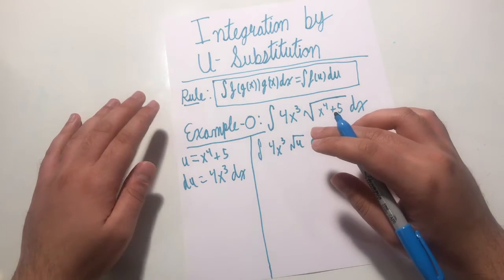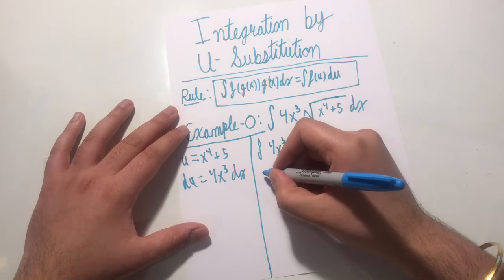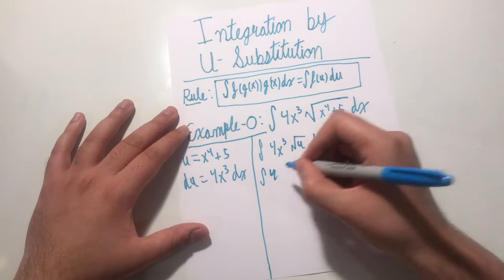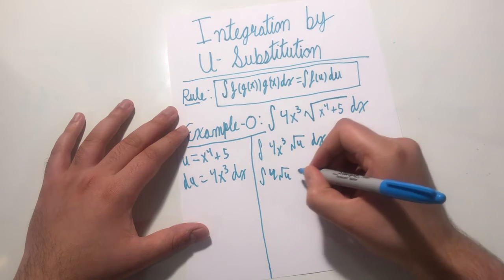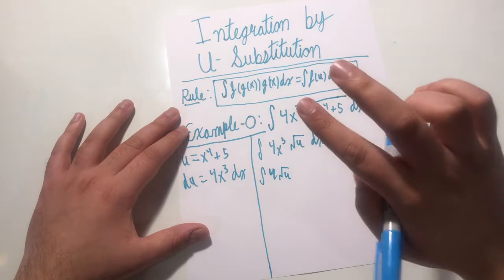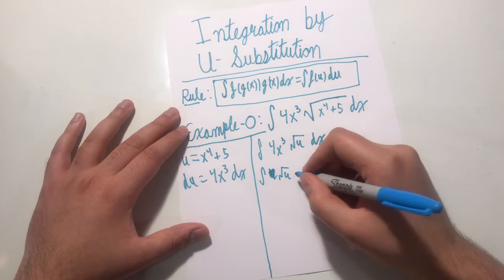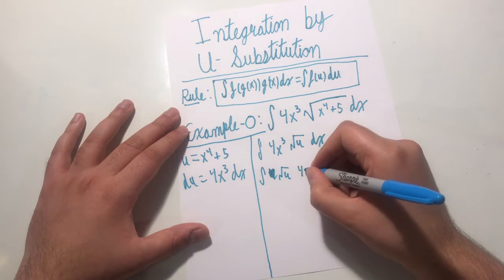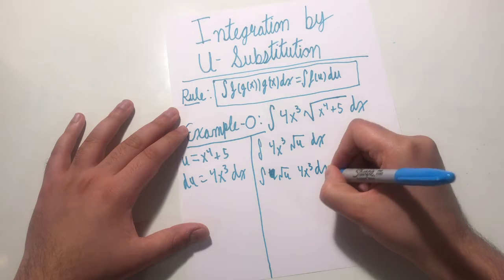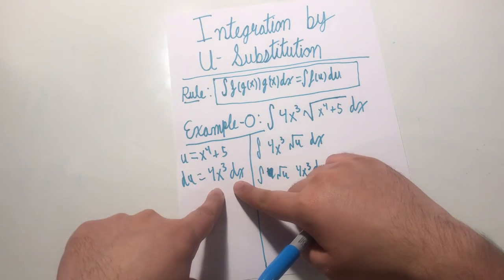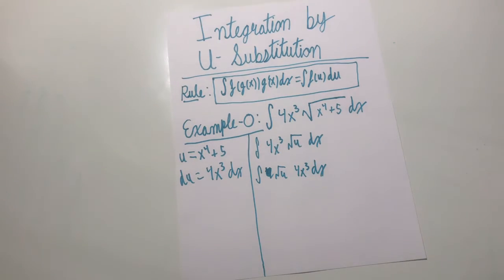And what we can do is just rearrange this a bit. Integral of square root of u, and then, because multiplication is commutative, times 4x to the third dx. So you can more easily see that this stuff is equal to this stuff, and that is equal to what du is.